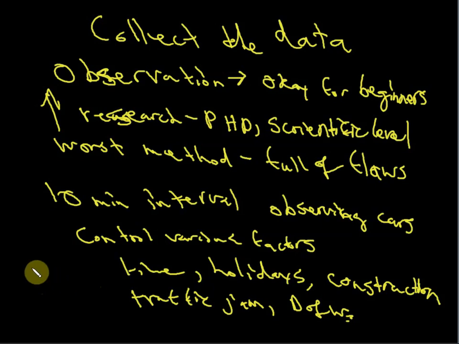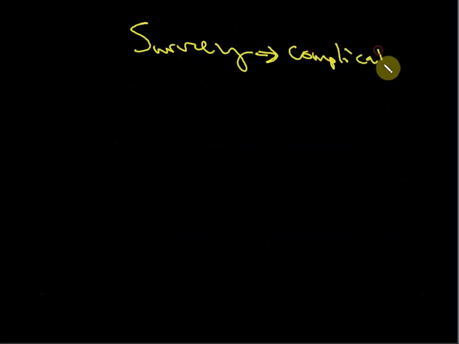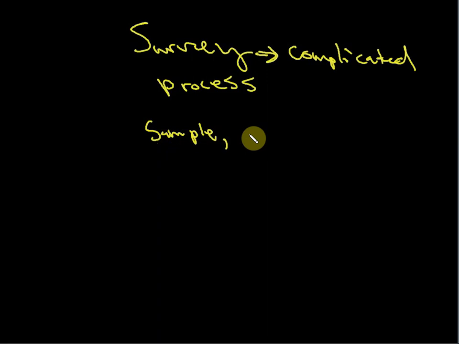But the easiest method, one of the methods, is to do a survey, and that in and of itself is a very complicated process, because you're going to have to account for your sample. And again, this is getting way too advanced early on. I did not want to do this, but it sort of lent itself to take into account your sample, the population you're trying to use.